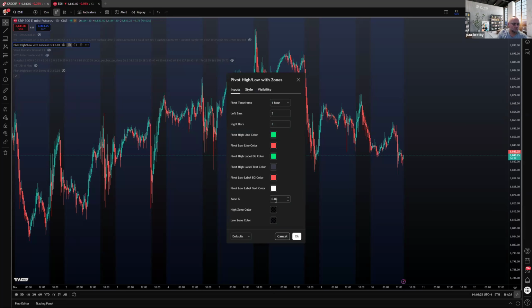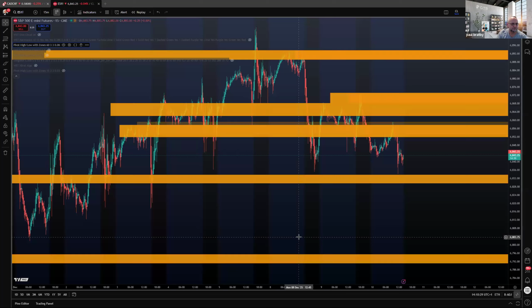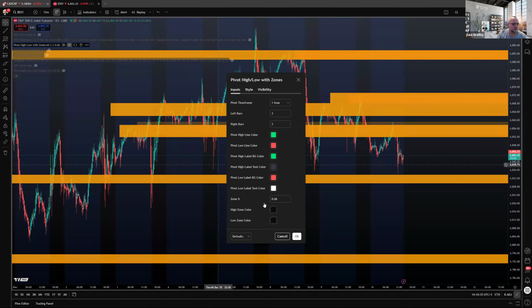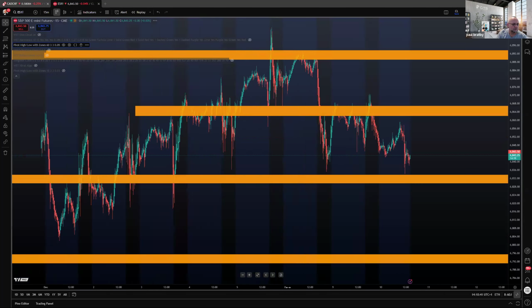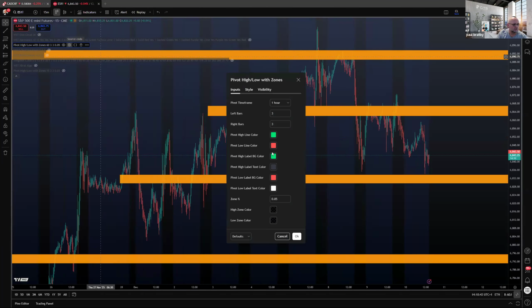Okay, put it at 0.06, they come back, but you can see some overlaps there. Okay, and then 0.05 is here, for example. Okay, now we need to run this through AI to figure out the exact settings we need for each time frame.